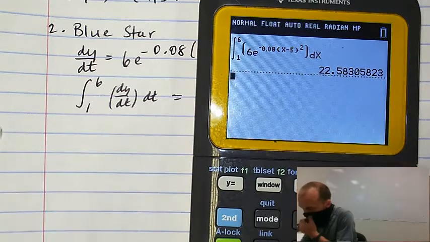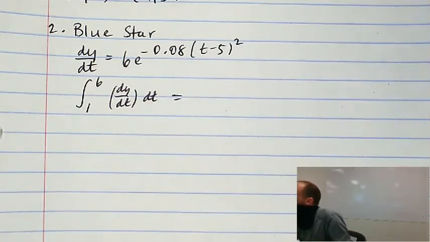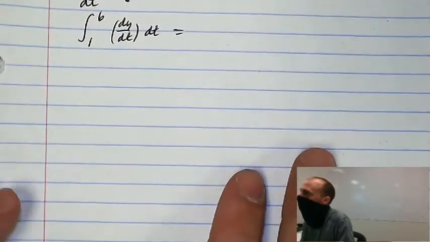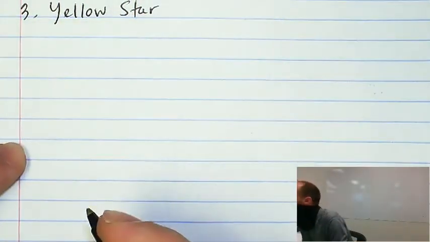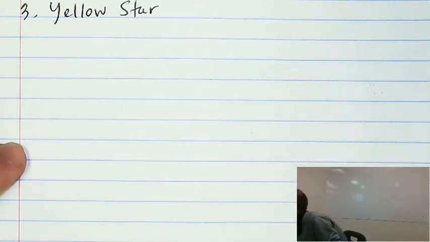All right. Number 3 is going to be yellow star. Okay, so move that down a little bit. Okay, yellow star is telling me f has the property that the limit as x approaches 1 from the negative side is positive infinity.